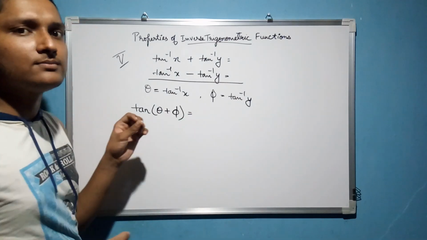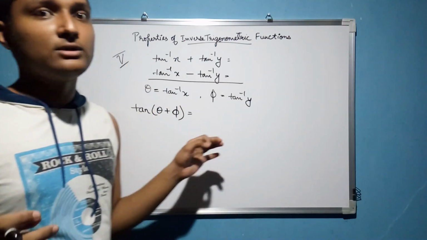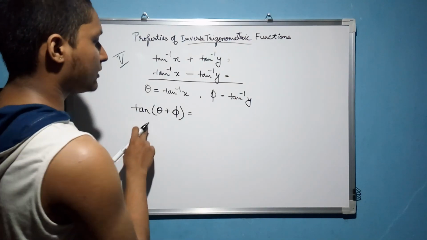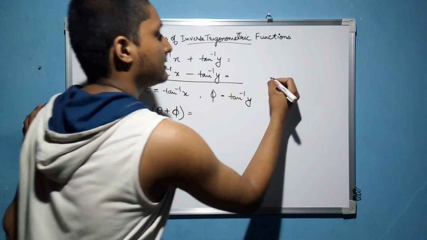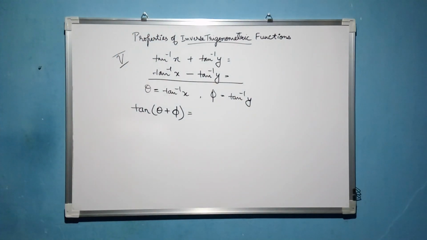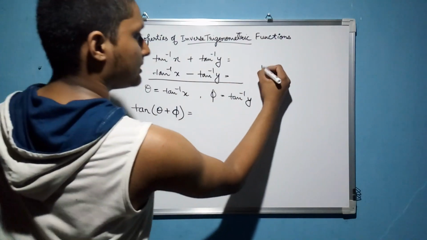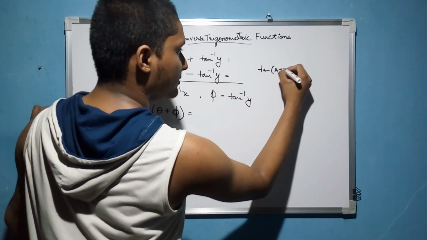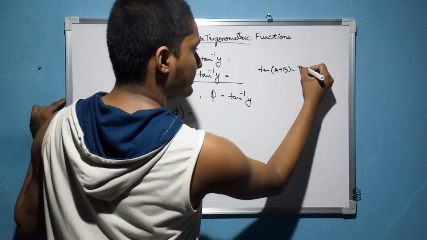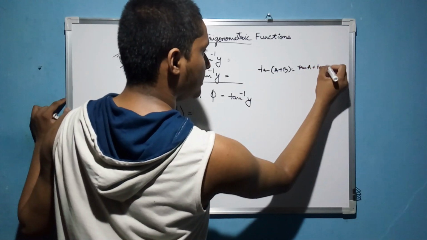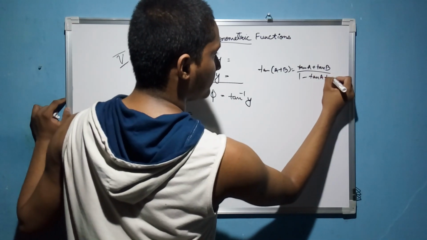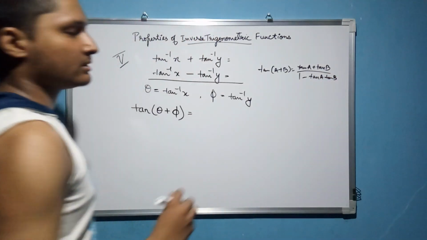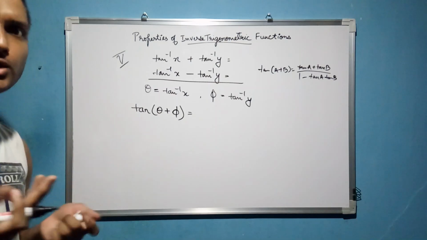By the formula we learned last year, tan of a plus b is equal to tan a plus tan b divided by 1 minus tan a tan b. That is the thing which we are directly going to use.